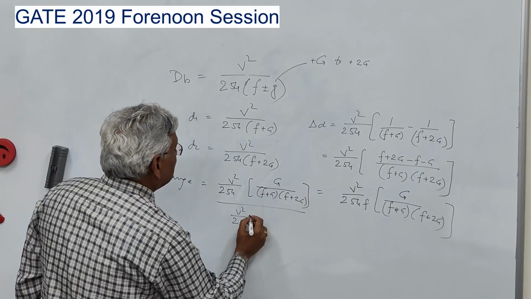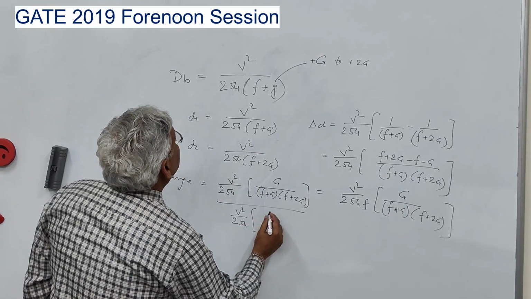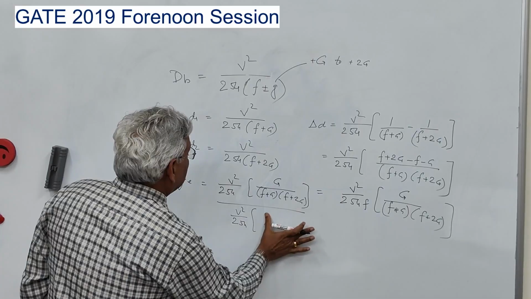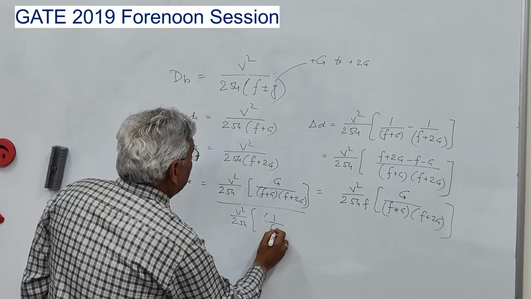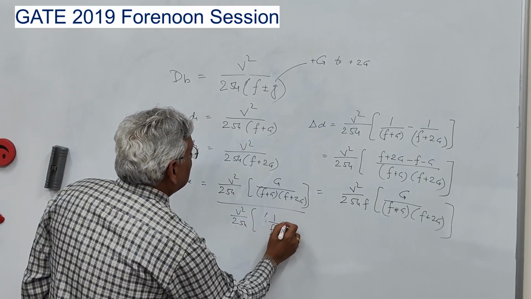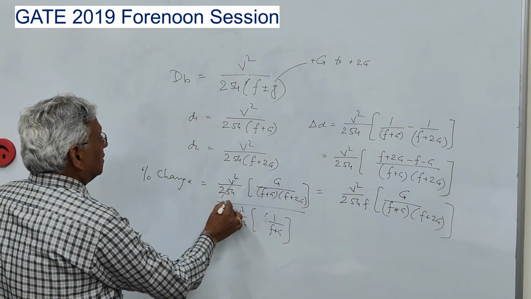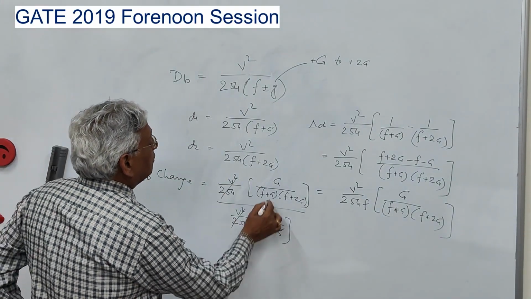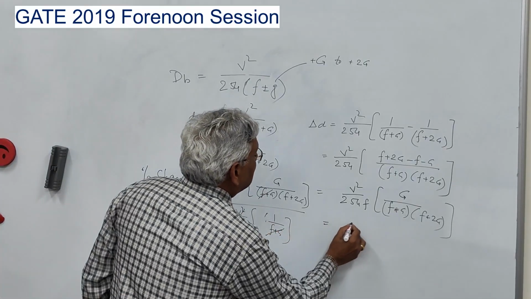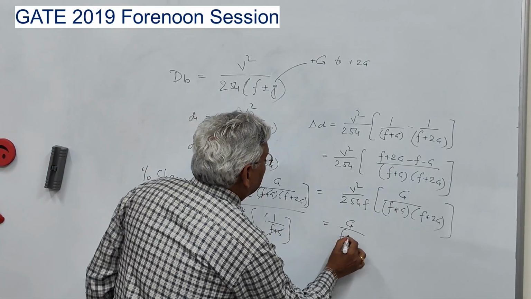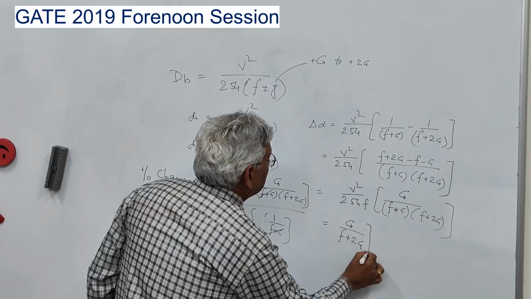into 1 upon F plus G. So this is now reduced to G upon F plus 2G.